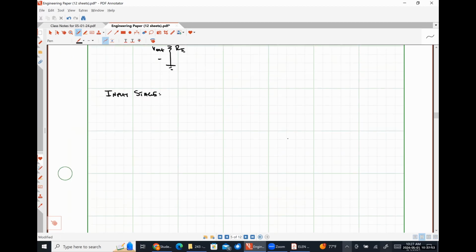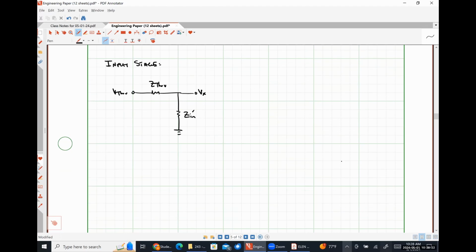So we effectively have our Thevenin voltage, our Thevenin impedance, the impedance looking into the base, and here's the X. Okay.